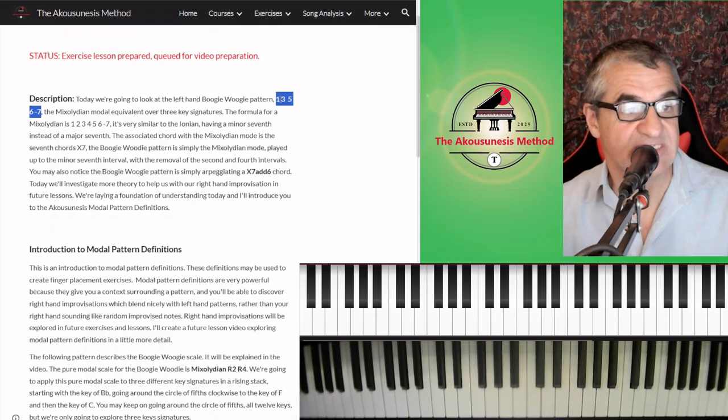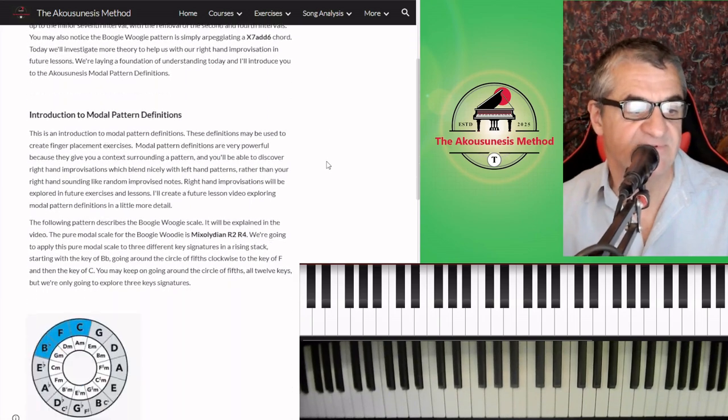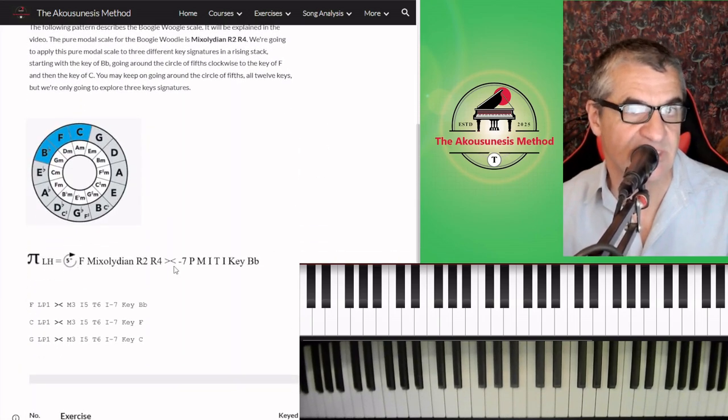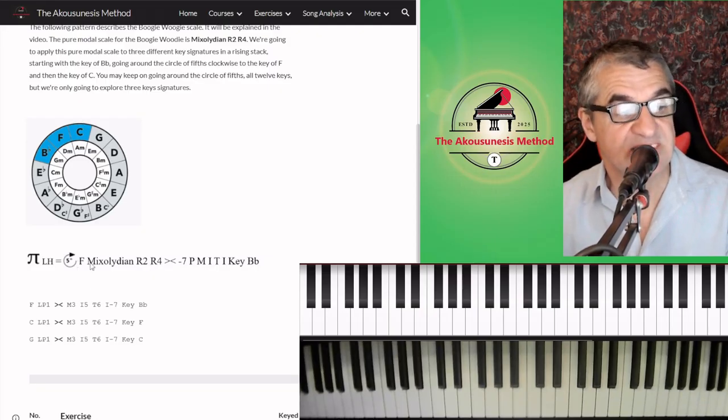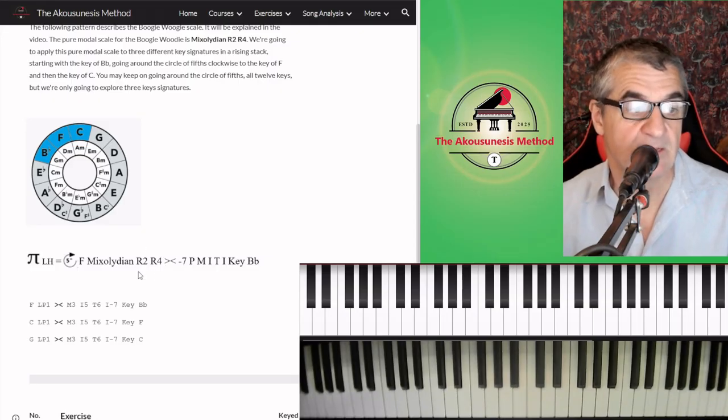But if it's described in different modes, it's going to have a different operation. All that information's in my book on how that all works. But this is the easiest to describe it in: Mixolydian R2, R4, because you want to describe it where there are fewer operations.